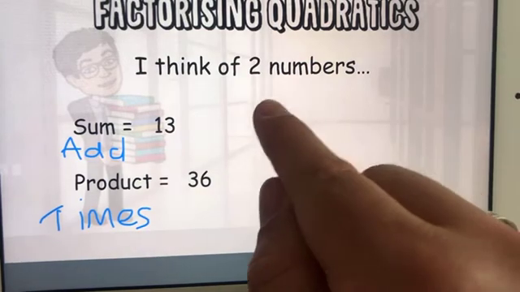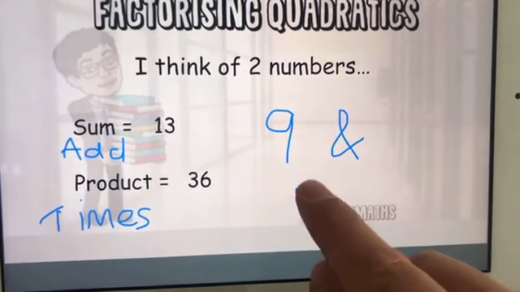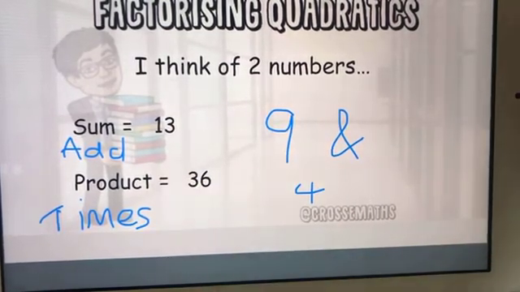Those two numbers would have to be 9 and 4, because 9 times 4 is 36, and 9 add 4 is 13.